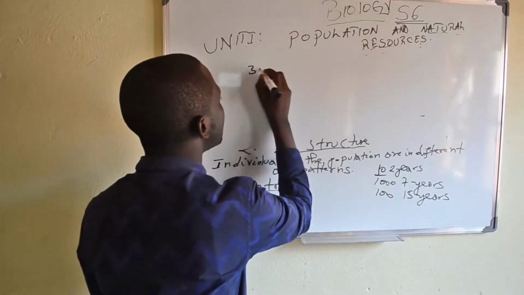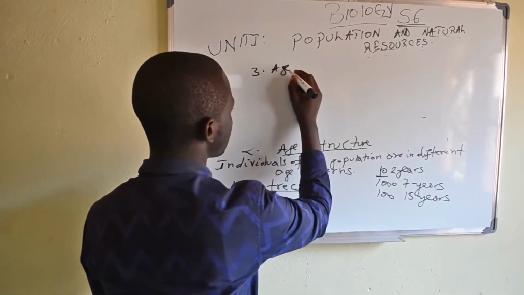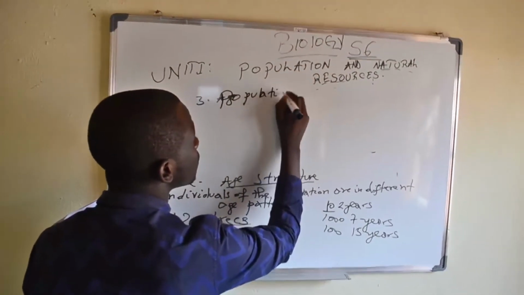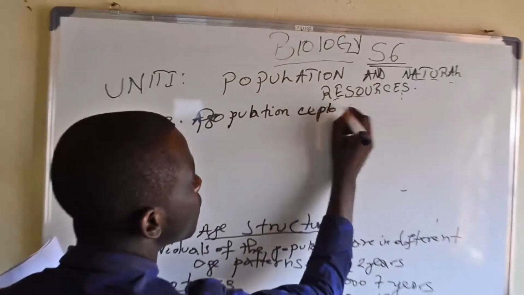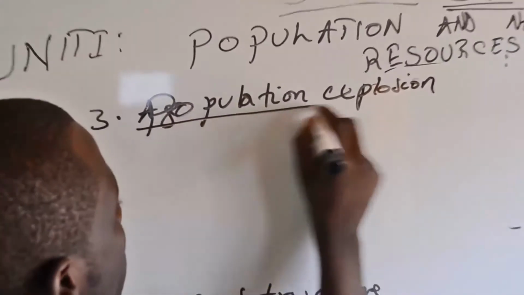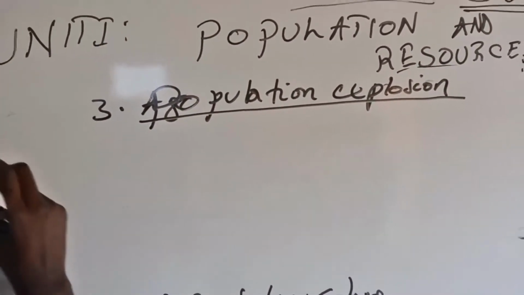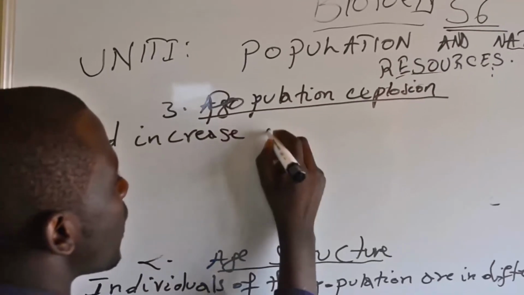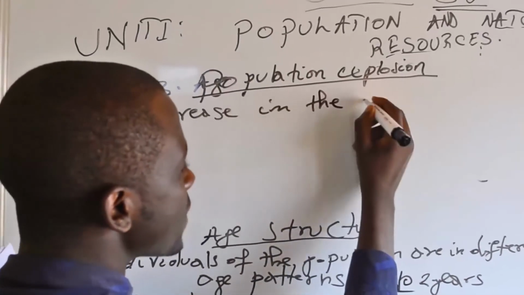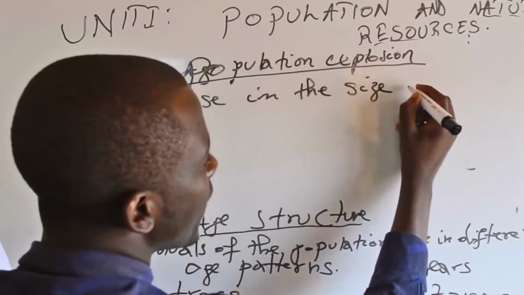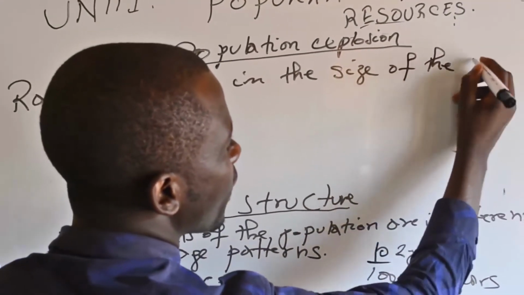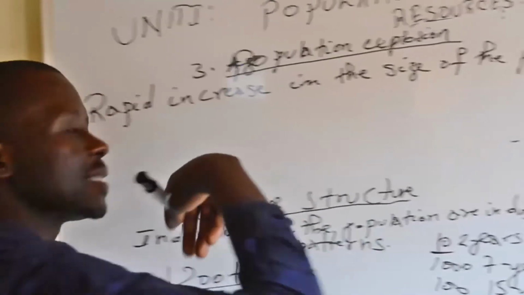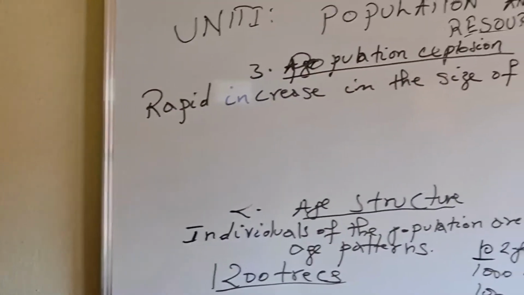So the third one is population explosion, which is the rapid increase in the number or size of the population. It's another key characteristic of the population.